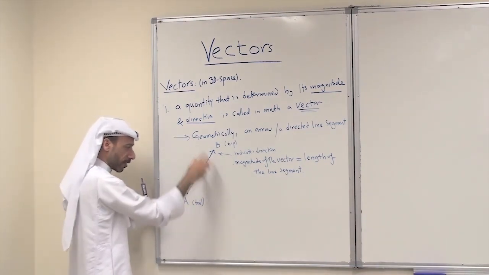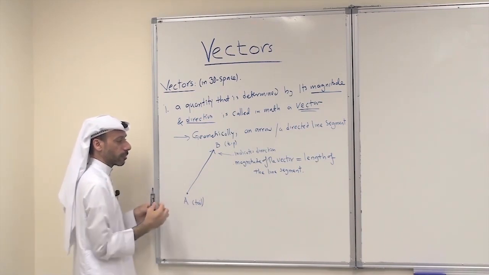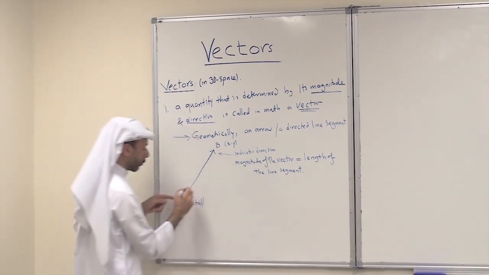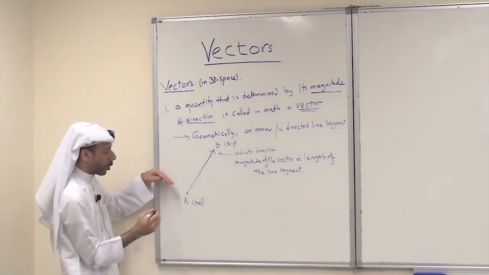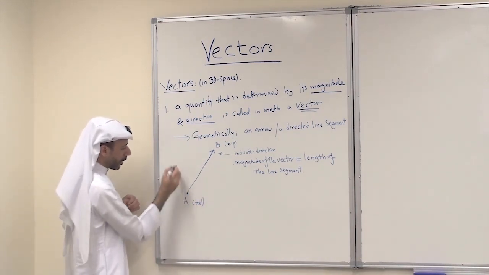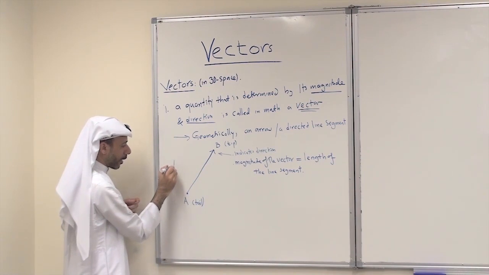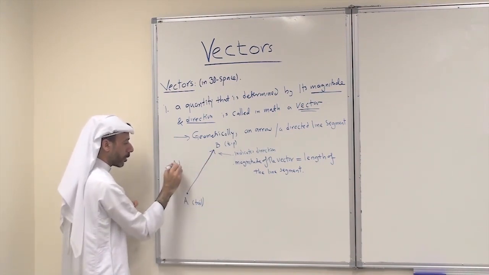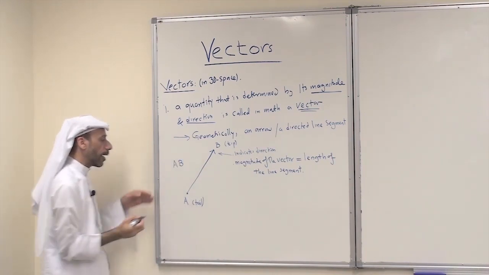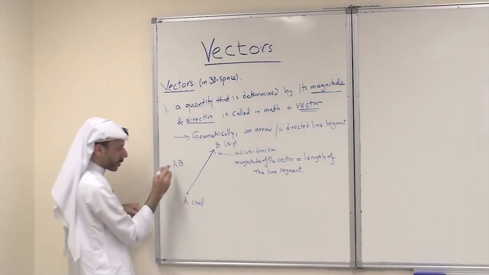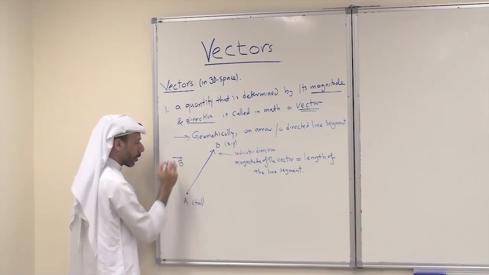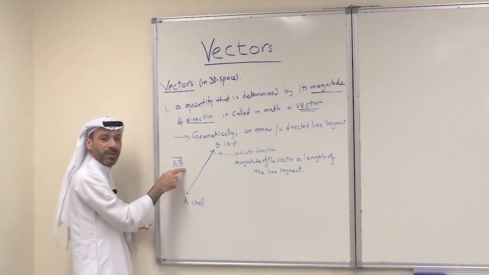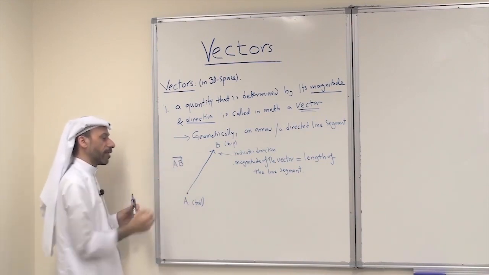So again we represent this vector. We give this arrow a notation. Going from A to B, we write the initial point or the tail A, and then the tip or terminal point B, and we put an arrow on this AB to indicate that the vector goes from A toward B. So this indicates the direction.